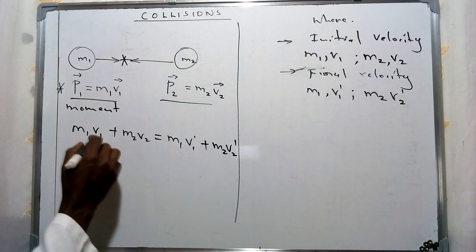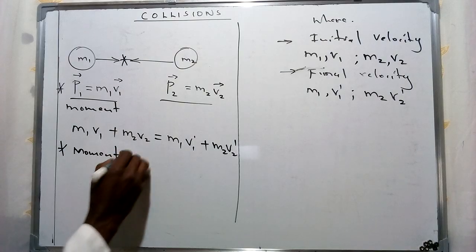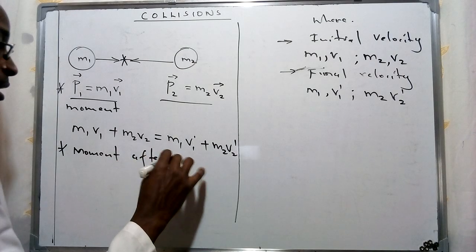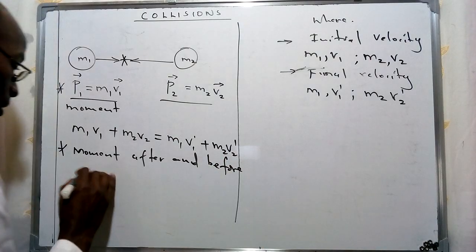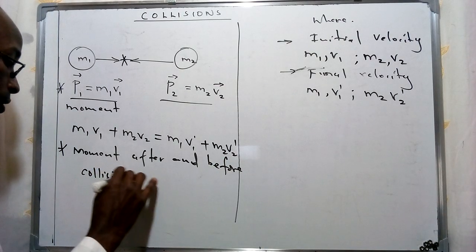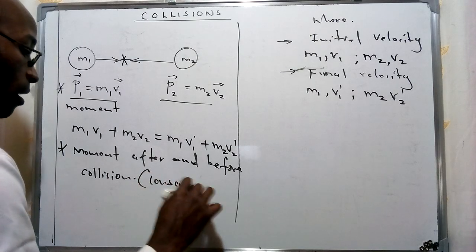So the momentum before and after collision is given as such, and as we said, it is conserved.